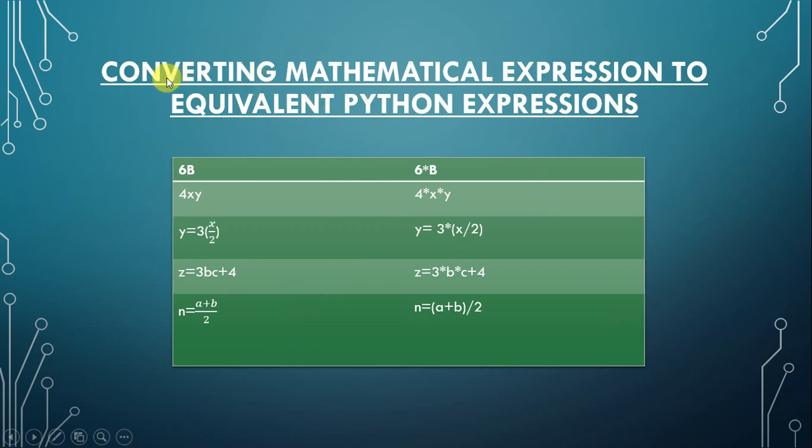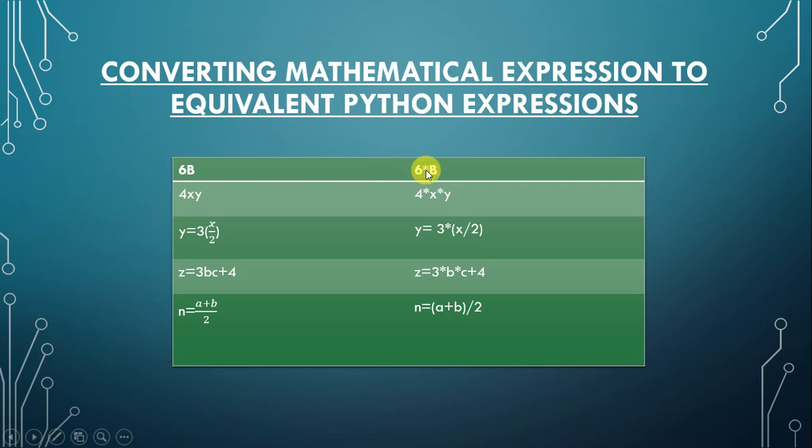Now, converting mathematical expressions to equivalent Python expressions. Some expressions which we write in maths need to be written in Python in a particular format. If I am writing 6b in maths, I need to write this in Python as 6 multiplied by b.